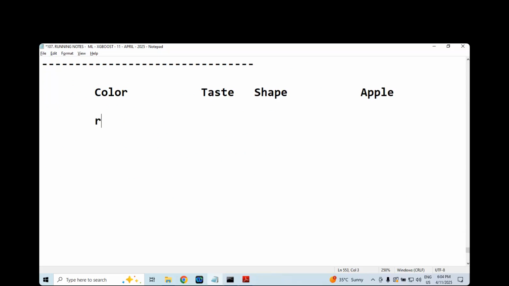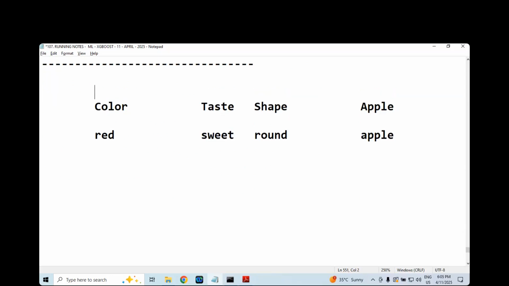Color: red color, and green apples also exist. Taste: sweet. Shape: round. Then finally, it is an apple. I would like to say one thing: feature number one, feature number two, feature number three, and the next one is the target variable.